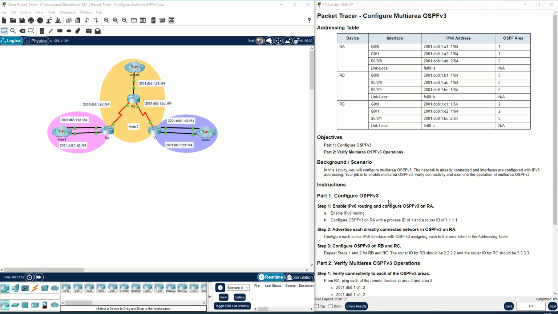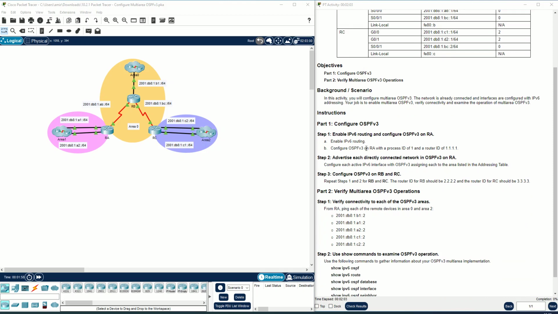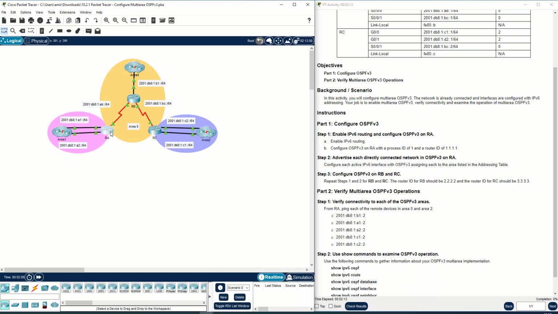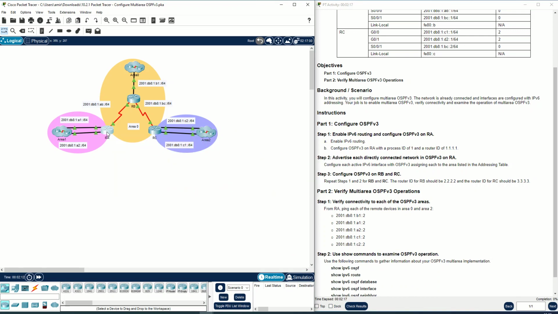In this activity, we should configure multi-area OSPFv3, and we start from part 1: enable IPv6 routing and configure OSPF on RA. We have RA here, and RA is an ABR because it has an interface in area 0 and an interface in area 1.